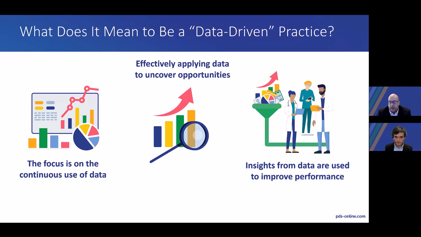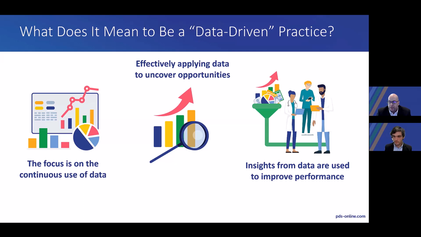What we mean by that is we're trying to eliminate any inherent biases that people may have by only utilizing the data to tell us what's going on within the organization. So we try to get data to people continuously so that they can utilize that to manage effectively. They use it to uncover opportunities for improvement, things that they need to work on, whether it's urgent or more strategic.